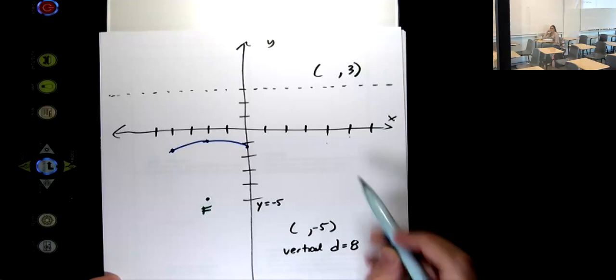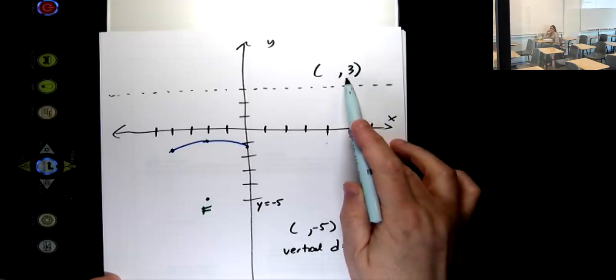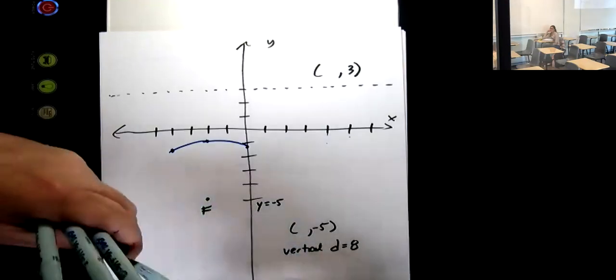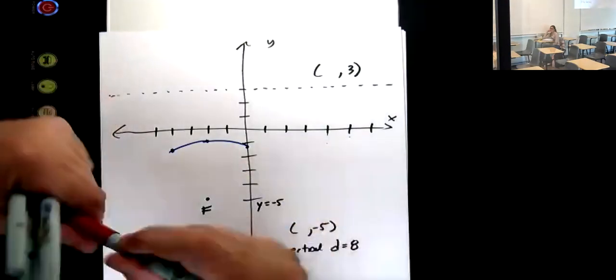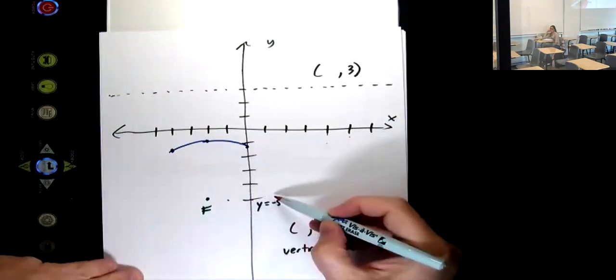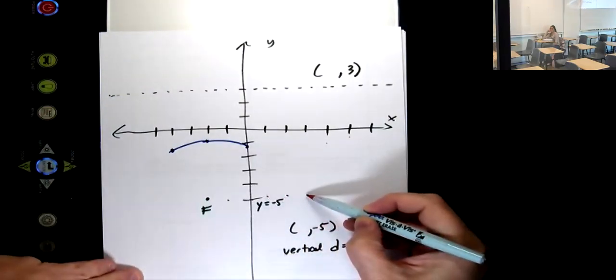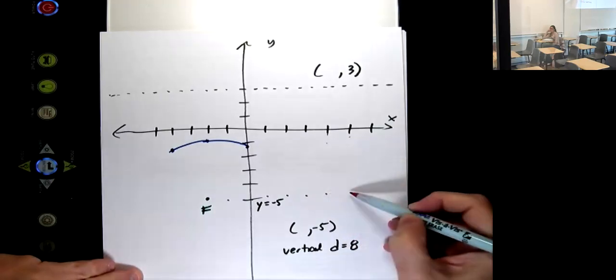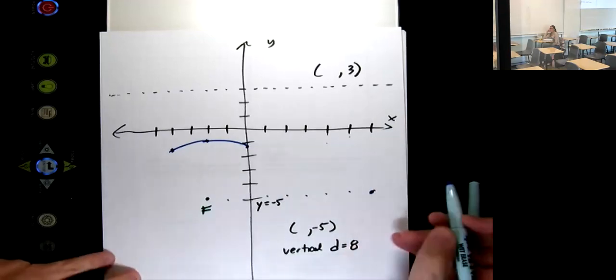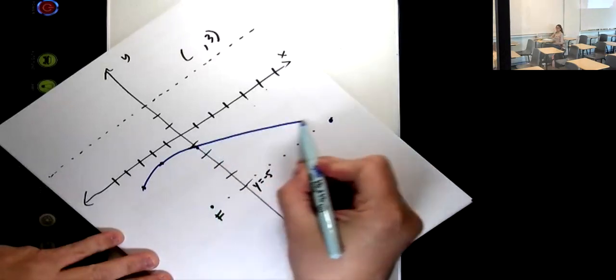So he said, okay, if it's got to be 8 from there, I need it to be 8 from here as well. So he went right 8. 1, 2, 3, 4, 5, 6, 7, 8, and put a point there. I'm going to rotate it so I can connect this a little better.